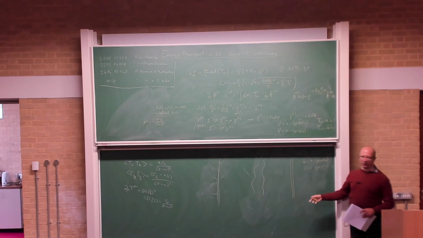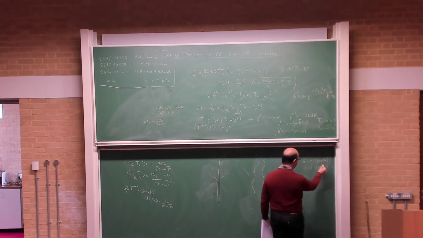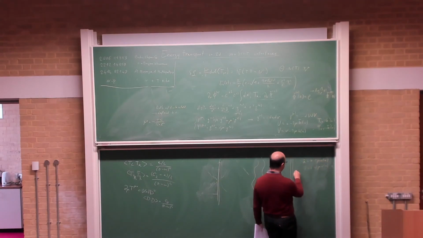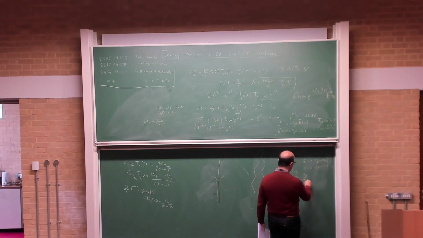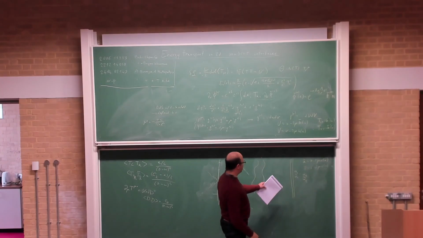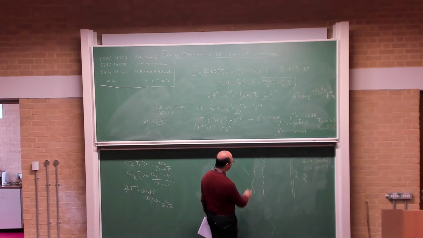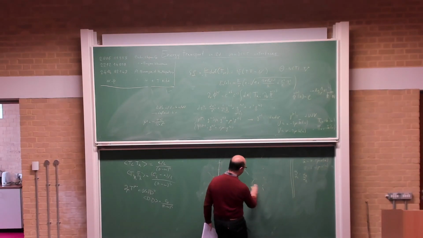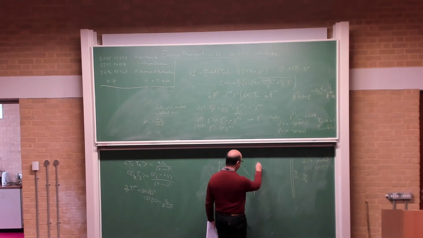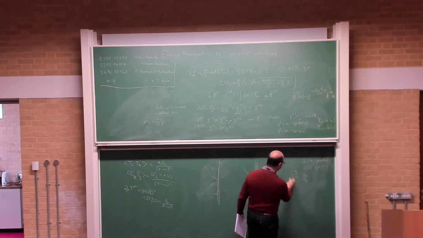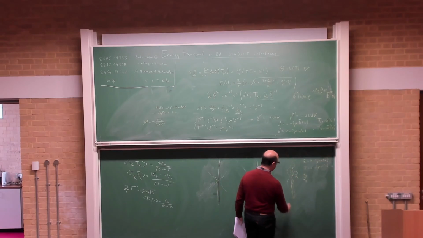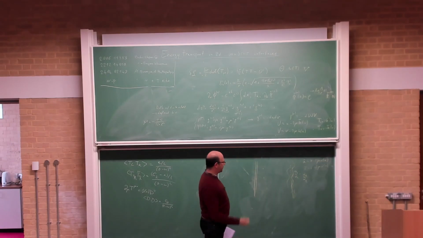So you will get some relations for this alpha. You have 4 functions, alpha left, alpha bar left, that you have to determine in terms of the components of the stress energy tensor, so that in these coordinates you want this to be flat. Necessarily here it will not be flat, but you can do it order by order in perturbations.